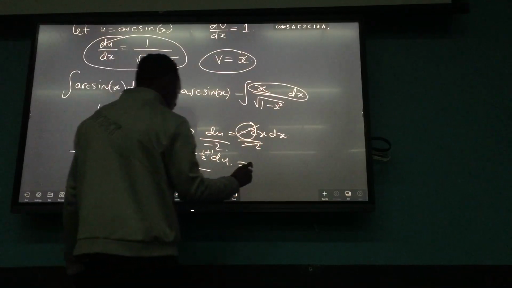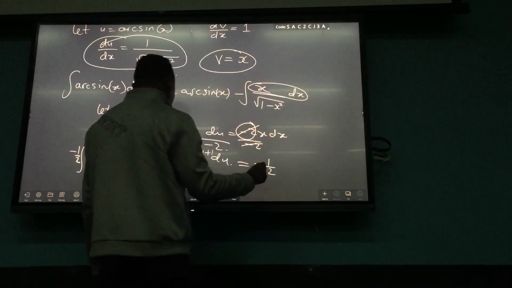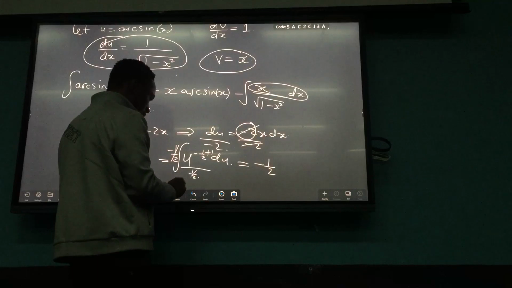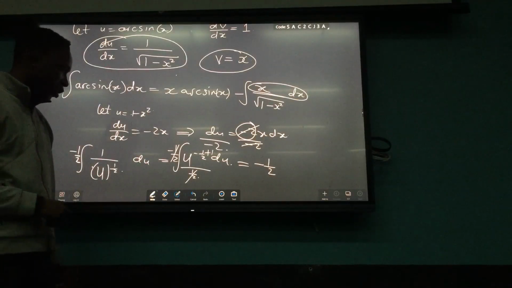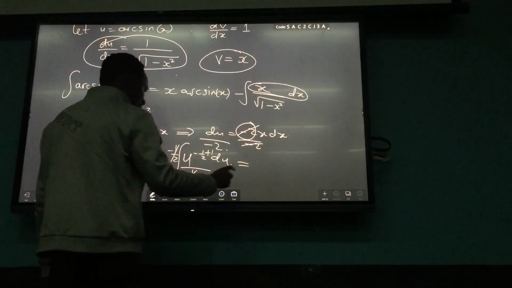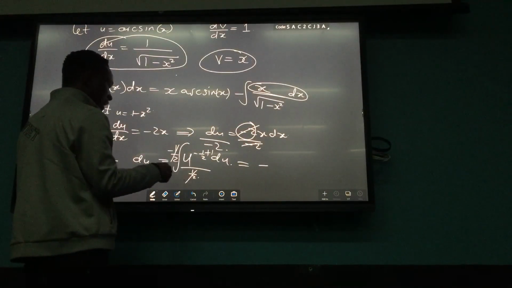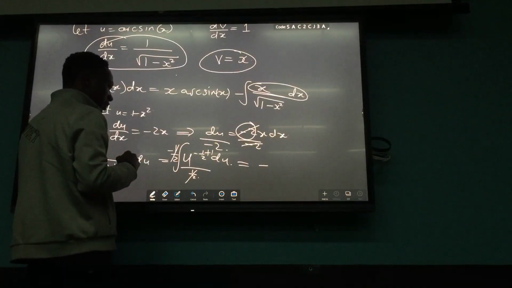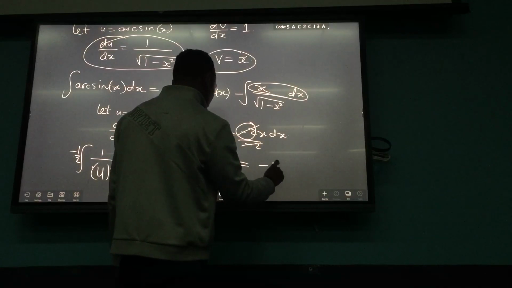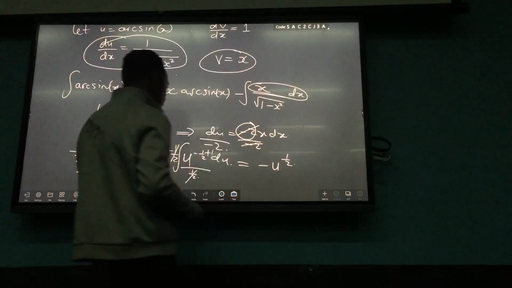There you're going to have a half, so it's going to be minus 1 over 2. This minus 1 over 2 also cancels with that half. So actually, we only need to write the negative sign because it's the half and the half that are cancelling. This negative is not being cancelled by anything. So that's just going to give us u to the power half.